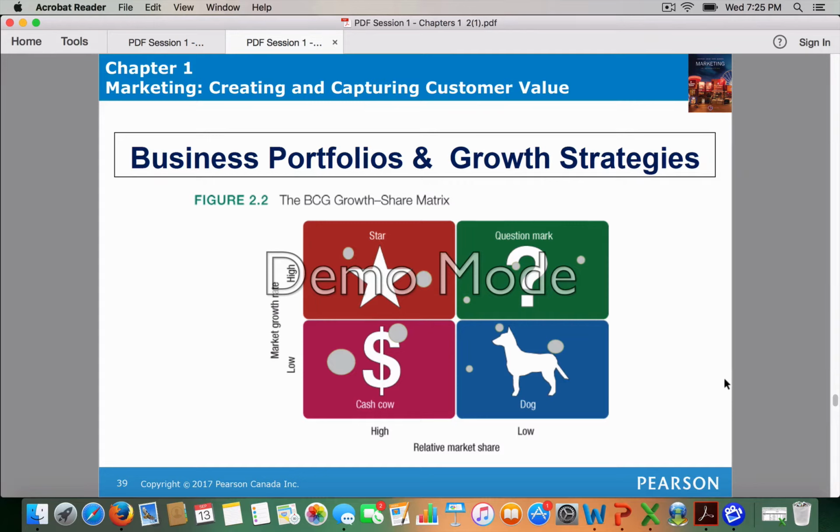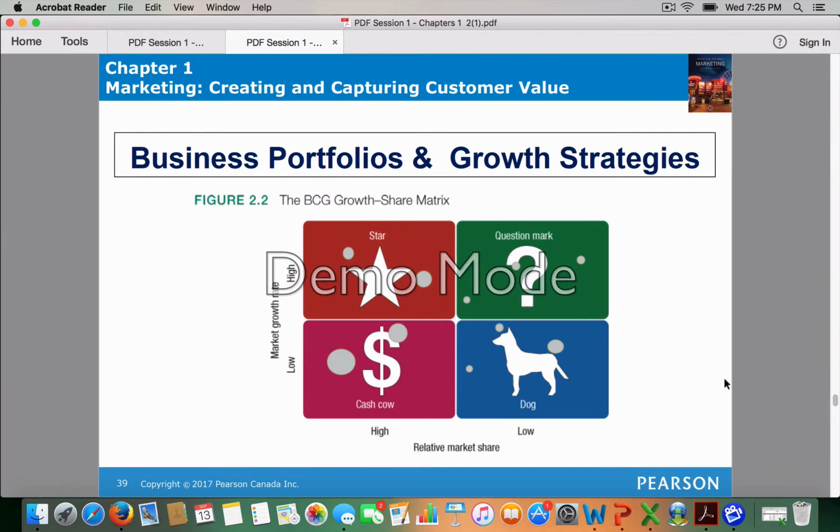So the first one that we're going to talk about is a star. A star is a very desirable product to have in a business portfolio. It's got a very high growth rate. The industry in which a star is competing has a very high growth rate, and your particular product within that marketplace has a relatively high market share.